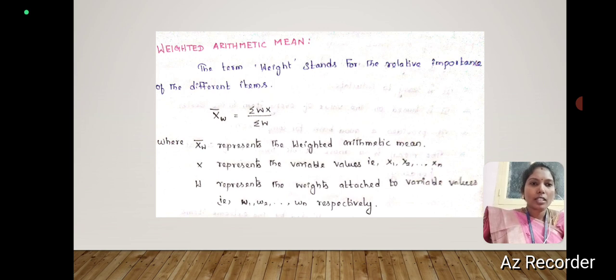The formula is x̄w equal to summation wx divided by summation w, where x̄w represents the weighted arithmetic mean, x represents the variable values, that is x1, x2, up to xn, and w represents the weights attached to the variable values, that is w1, w2, up to wn respectively. This is the formula for weighted arithmetic mean.